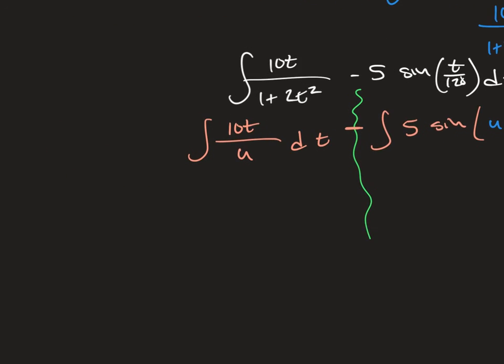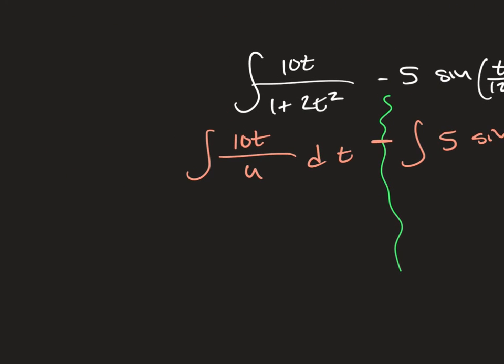Okay, so on this first side, let's deal with this first. In this case, u is going to be 1 plus 2t squared, du dt is going to be 4t. So then dt would end up being du over 4t.